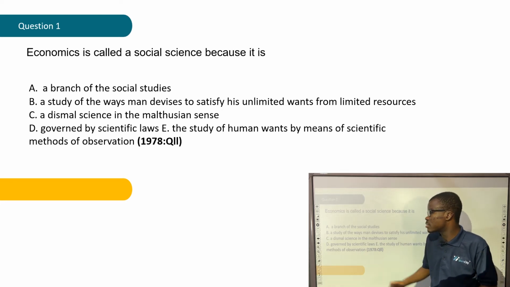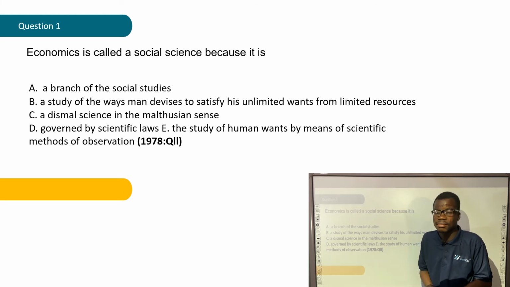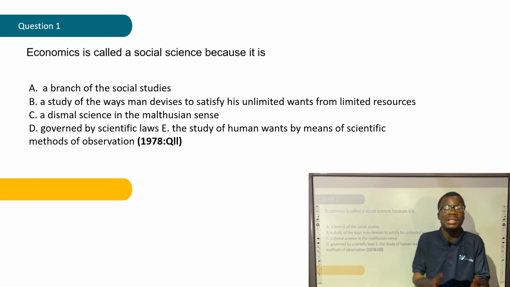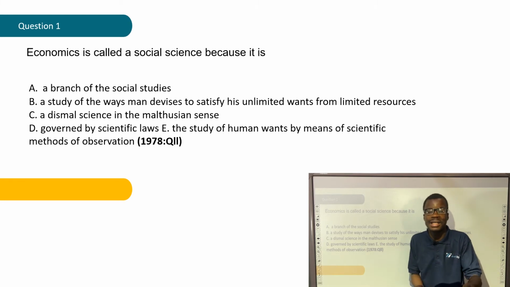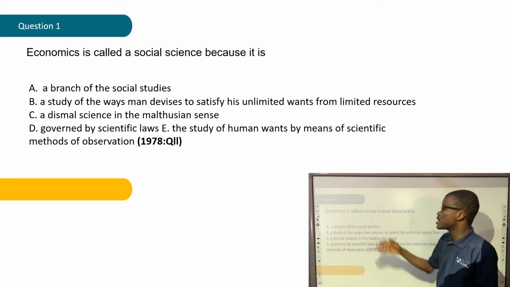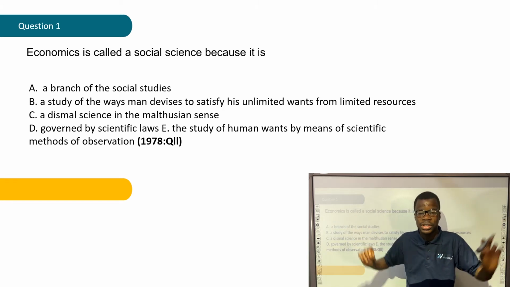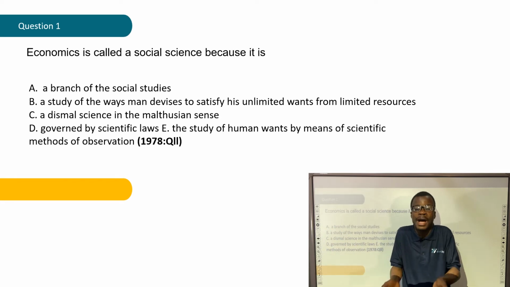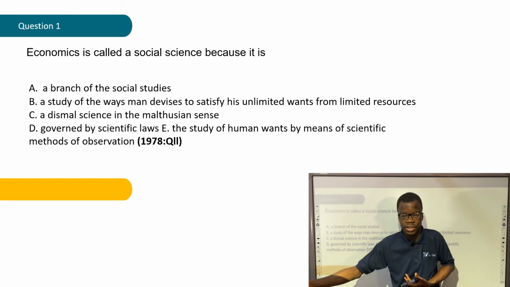Another thing, let's look at option C. It says it's a dismal science in the Malthusian sense. Actually, this corroborates the fact that economics is a science, but this does not infer the fact that it is a social science. I need you to get two things. Economics being referred to as a social science is the combination of two words, social and science. Science simply refers to the fact that it uses some scientific principles.